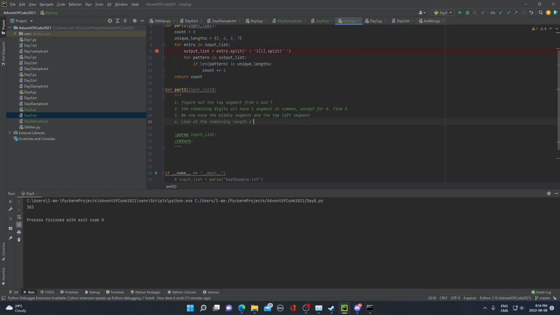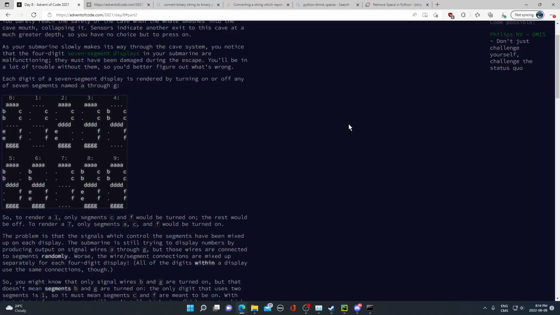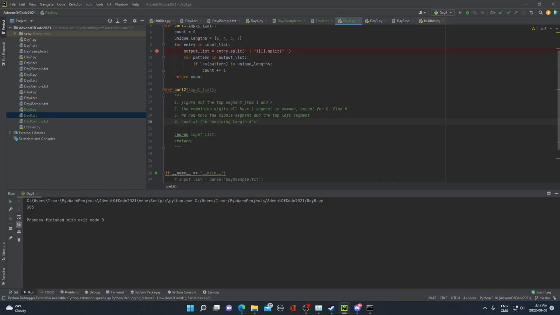Remaining length 6s: if both 1 segments exist, it is 9. If only one segment exists, it is 6.